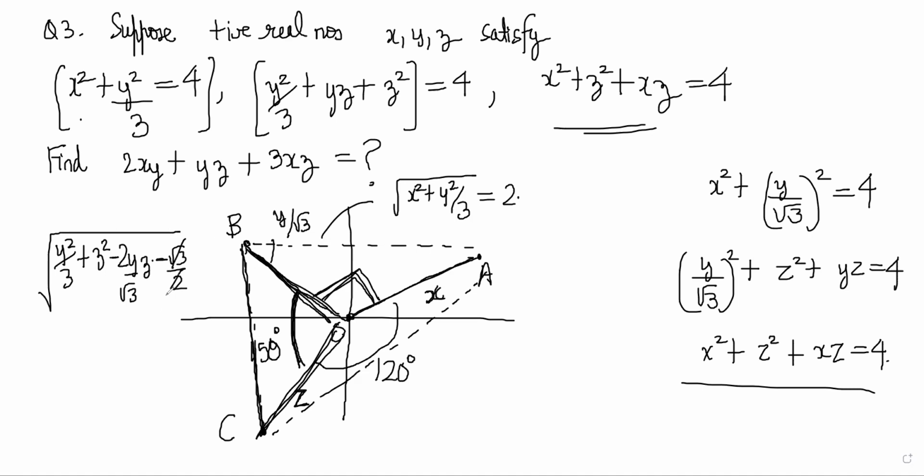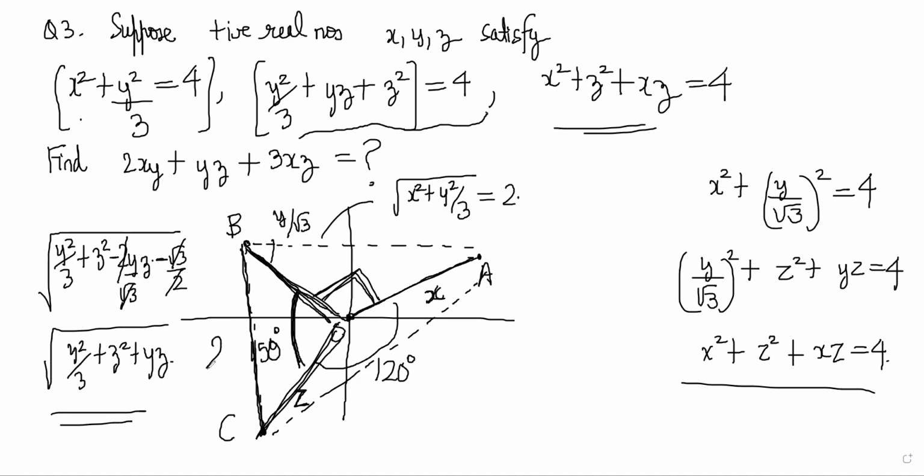And you will realize that minus root 3 by 2 will cancel this and it will become root over y square by 3 plus z square plus yz, which is what is given here as 4. So this is also 2. Basically, apply cosine rule, you will realize that BC length is 2 because of this relation.